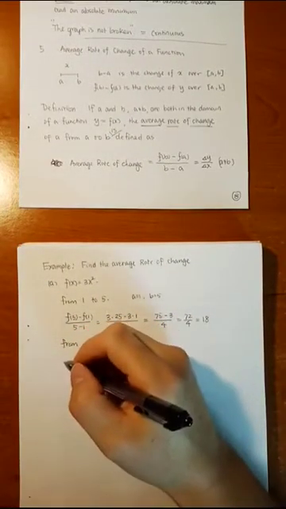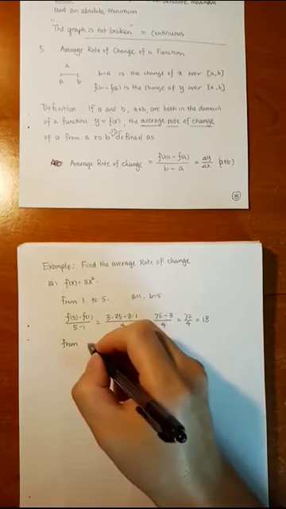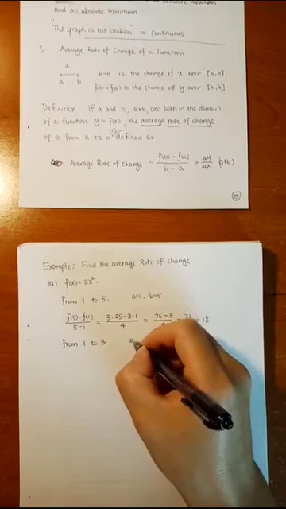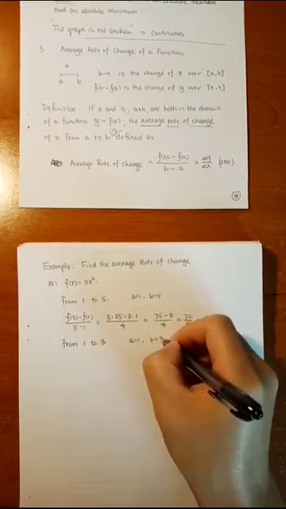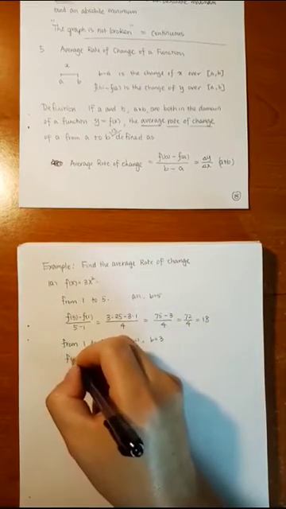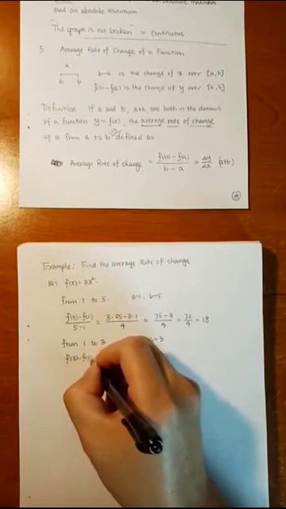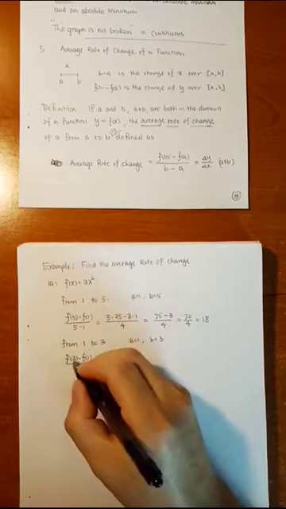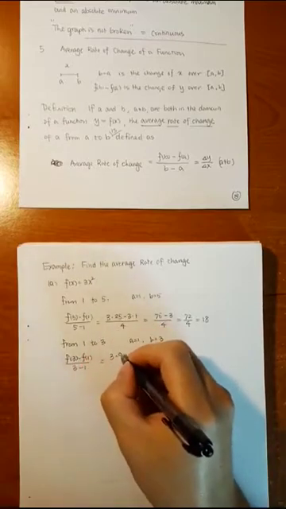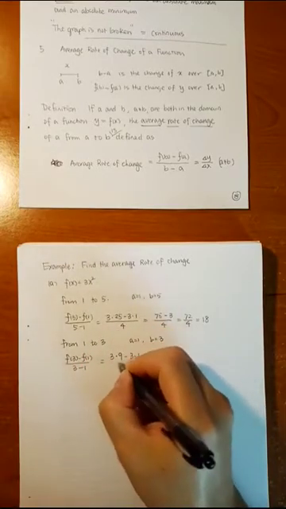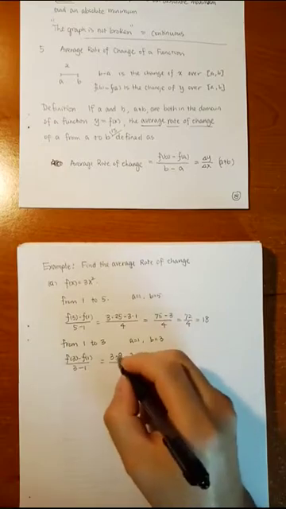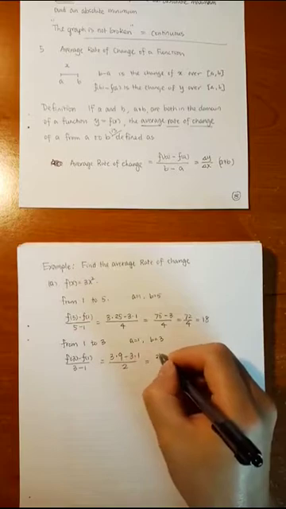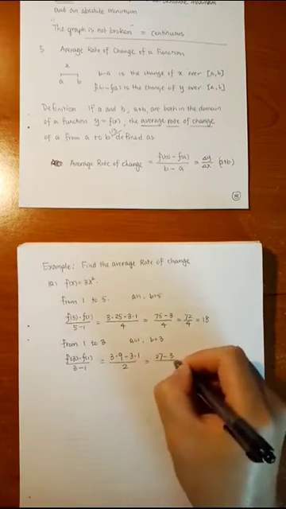From 1 to 3, let's check. If it's from 1 to 3, a is 1, b is 3. So it's f(3) minus f(1) over 3 minus 1. f(3) is 3 times 3 squared. f(1) is 3 times 1 squared, over 2. 3 times 9, 27. 3 times 1 is 3.